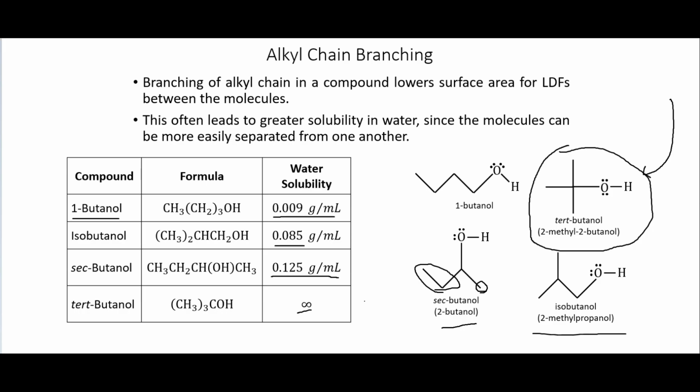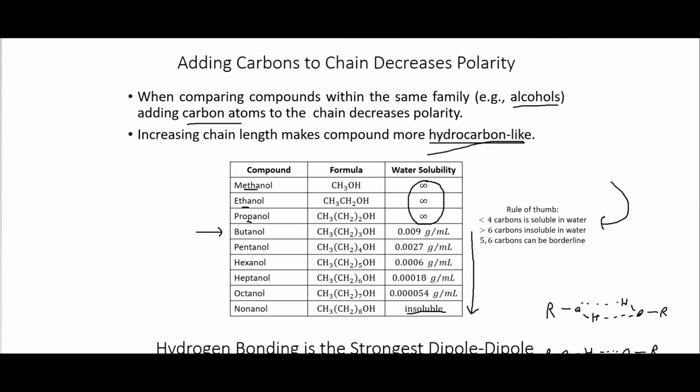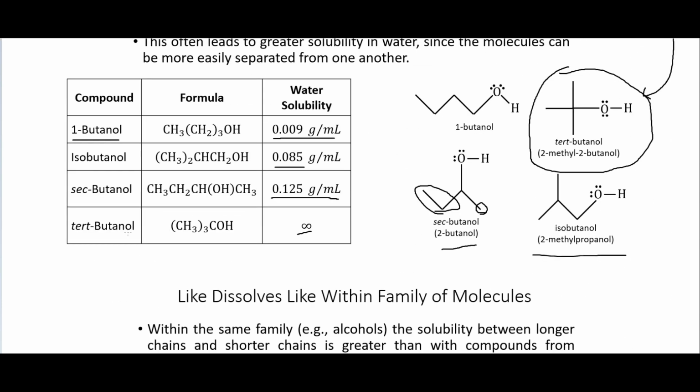They have different solubilities in water because of those branches. So this rule of thumb really only applies to things that are linear rather than branched. When you start getting branched, you start increasing water solubility, but there will be a point at which it becomes insoluble in water again if you add enough of these hydrocarbon groups.